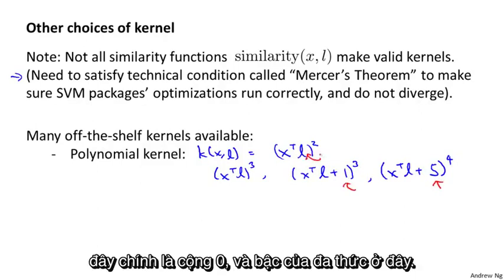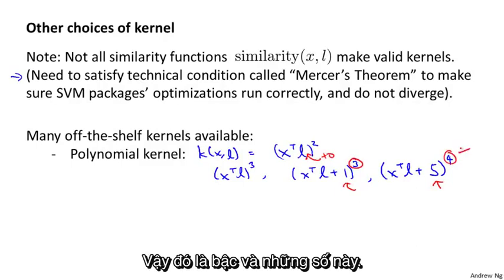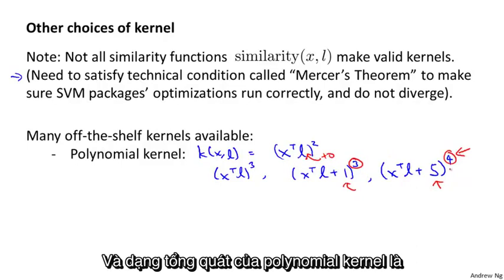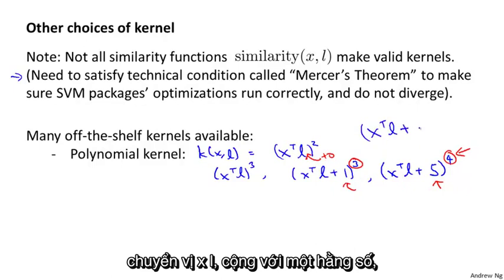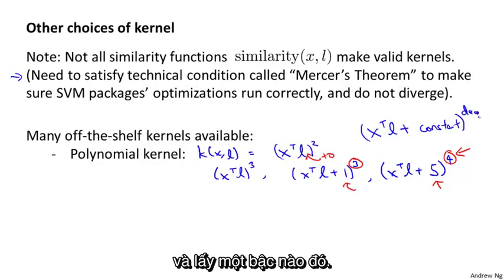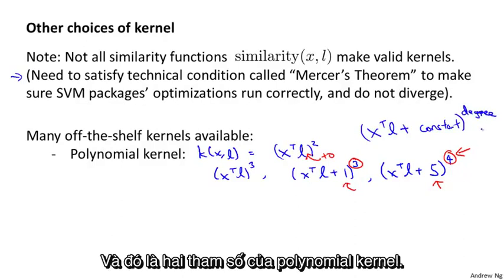This is really x transpose l plus 0 over there, as well as what's the degree of the polynomial. So the degree, the power, and this number. So the more general form of the polynomial kernel is x transpose l plus some constant, and then to some degree in the exponent. And so both of these are parameters for the polynomial kernel.